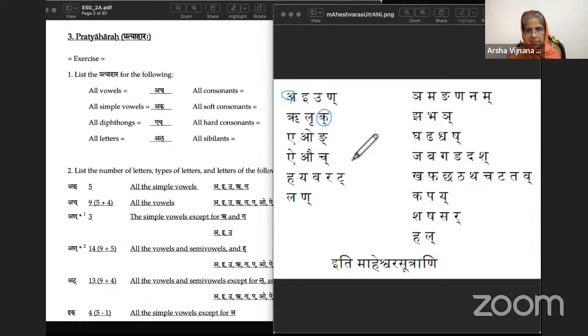And then all the swaras and vyanjanas together, all the letters together, what is it? All. Very good.